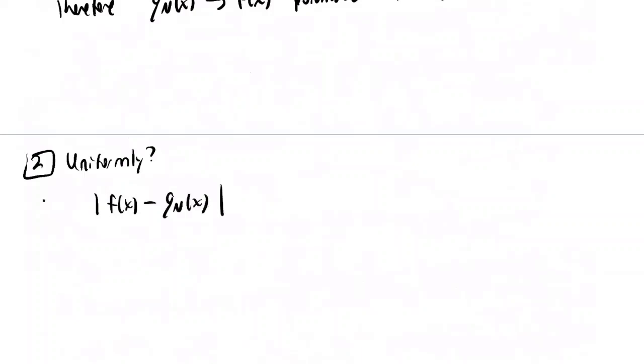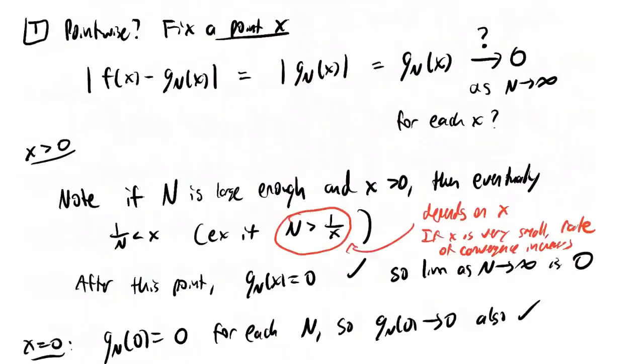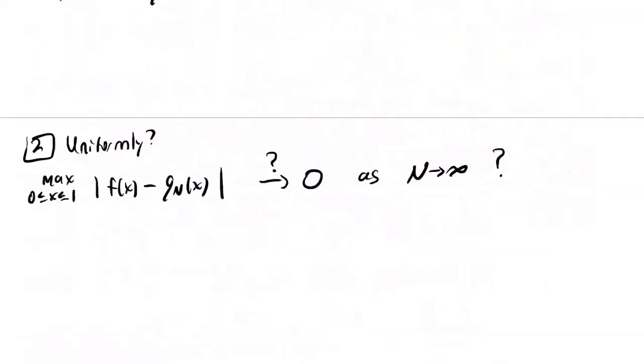In this case, we have to look at the maximum between 0 and 1 of this difference, and we need to see if this converges to 0 as n goes to infinity. Well, we know what the difference is equal to. It's just the absolute value of gn of x, so this is equal to the max over x between 0 and 1 of gn of x.